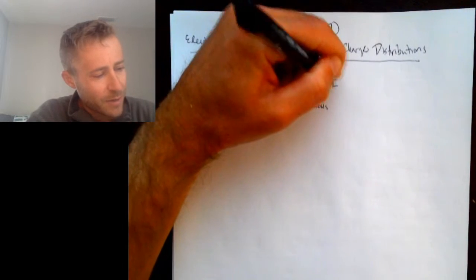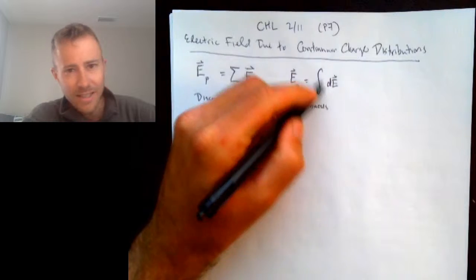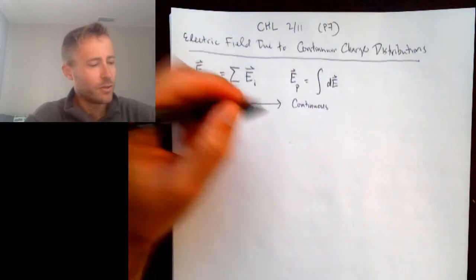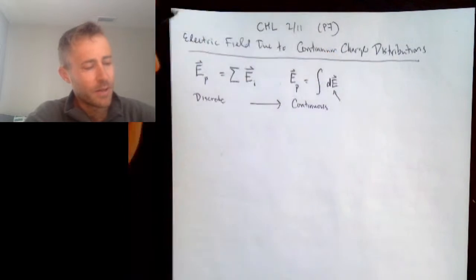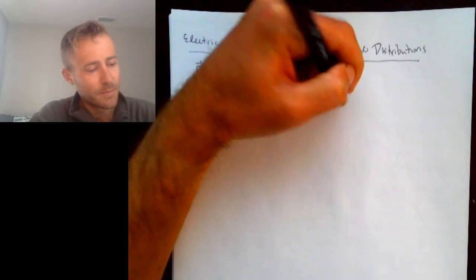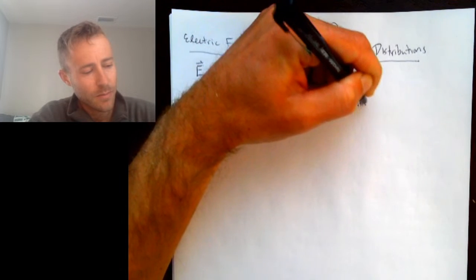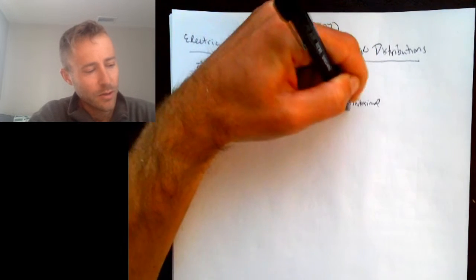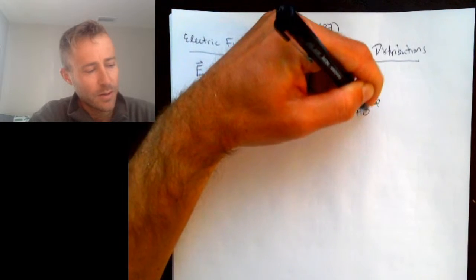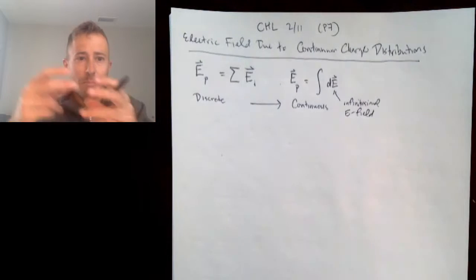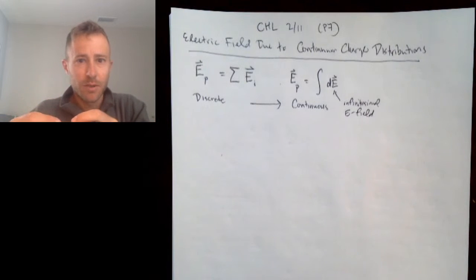And you have to add up dE. So what do I mean by dE? dE is an infinitesimal electric field, okay? That's created by part of the object, okay?